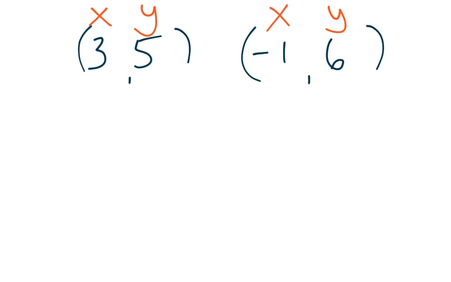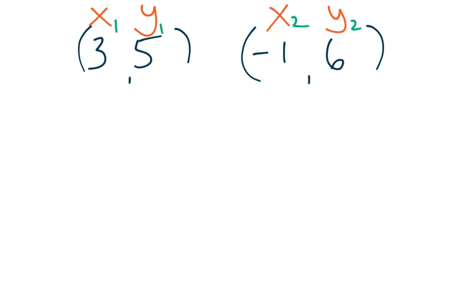So we're going to give them a unique name so that we know which one's which. We're going to call this X1 and Y1, and X2 and Y2. Nothing really changes except that we've given them a more unique name so that when we talk about them, we know which one we're looking at.